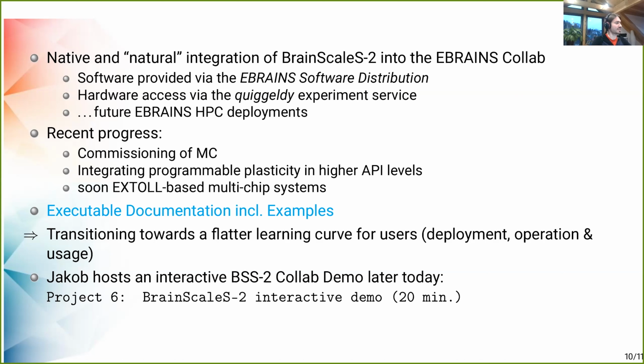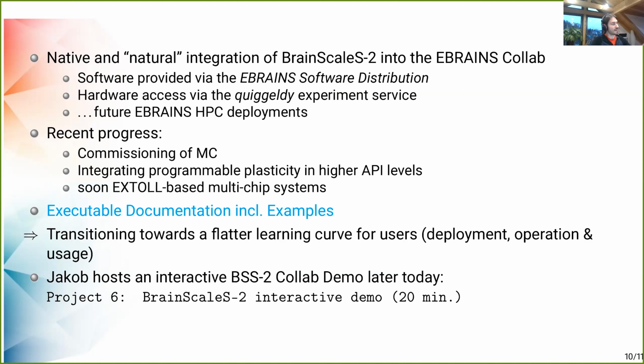Hardware access is possible via this Quickly Experiment service, and this will also cover future eBrains HPC deployments. As soon as we have our eBrains software distribution deployed onto HPC sites, it will be possible to run interactive hardware experiments on BrainScaleS 2 directly from the HPC sites, which will be also nice for multi-site workflows.